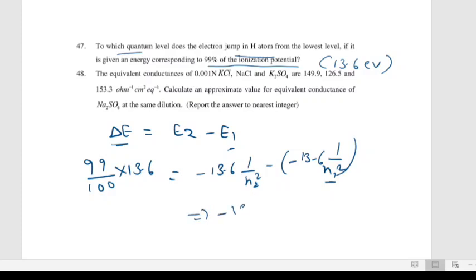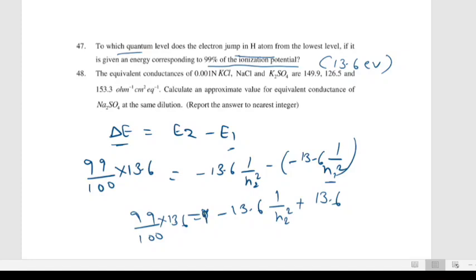This implies minus 13.6 into 1 by n2 square plus 13.6 is equal to how much? 99 by 100 into 13.6, right?